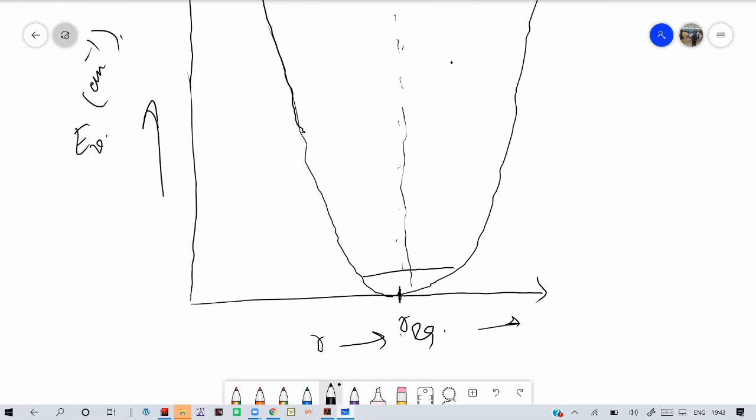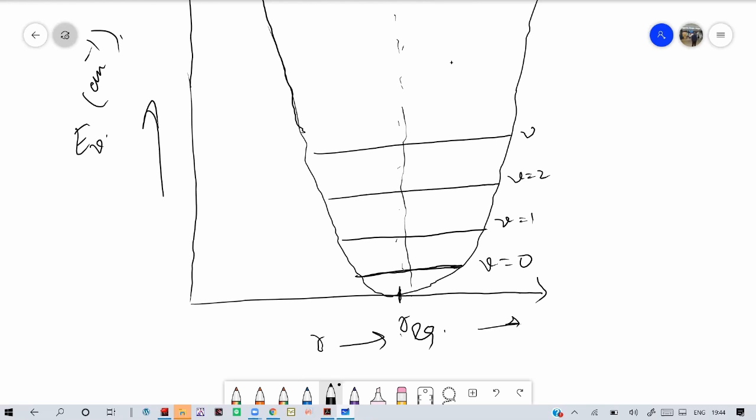For nu equal to 0, this is the zero point energy, so it is not 0 actually from quantum mechanical considerations. Then this is nu equal to 1, nu equal to 2, nu equal to 3, nu equal to 4. So this separation is everywhere equal, the separation is equal actually. And this is the internuclear distance here between the two nuclei.